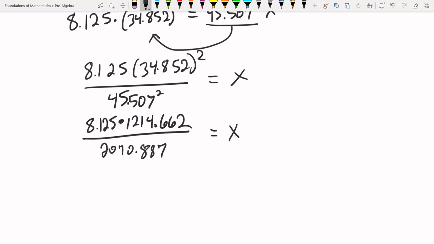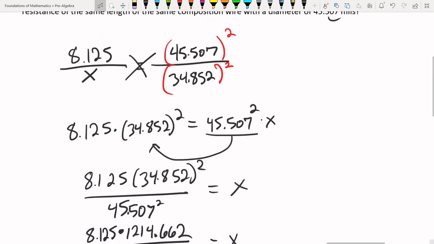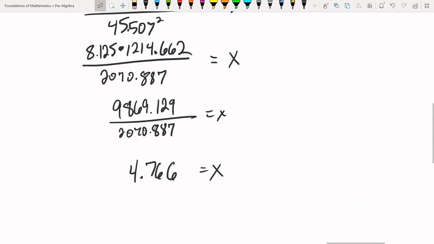Now we can multiply the top and divide by the bottom. 8.125 times 1214.662 is 9869.12. And then doing that division, now I need 3 places. We get 4.766. And this is a resistance, which means it is in ohms.